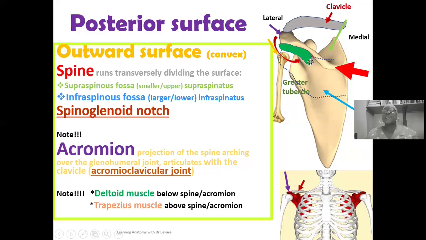So it is specifically seen at the lower border of the spine and also the point where the spine becomes transformed into the acromion. At the upper region, we have the trapezius muscle. The trapezius muscle is the muscle of the back, and you see it extending and finally creating an insertion point here at the upper region of the spine and also the acromion. So you see that the spine and the acromion at the lower point and also the upper point have different muscles that are related to the specific regions.